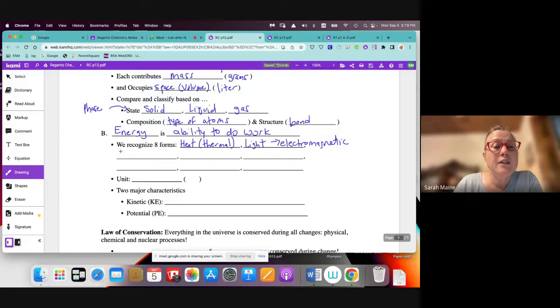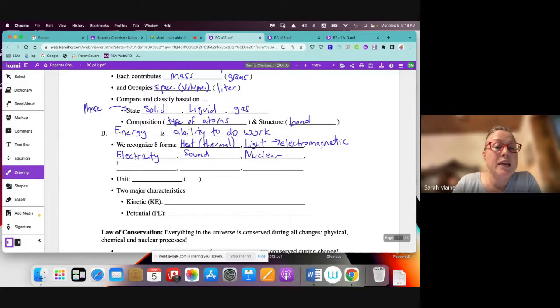Moving on, think about what you use to get ready. So electricity is a major form of energy. Sound is another form. We don't always think about sound as a form of energy, but it is. A scary form of energy would be nuclear.